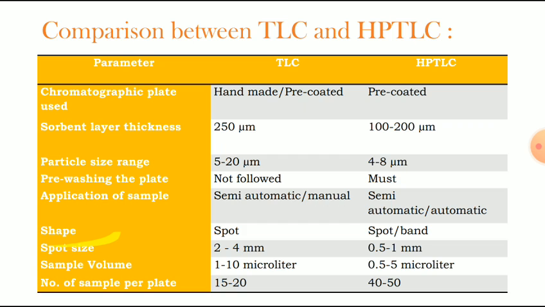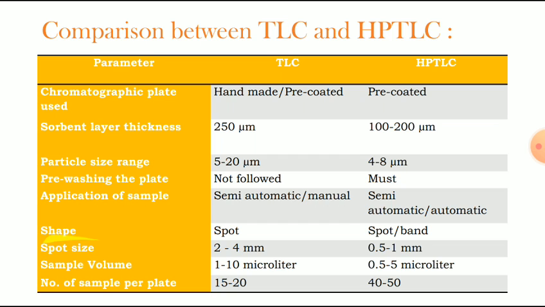Shape parameter: the shape of the sample on TLC is only a spot, not a band, only a circular spot applied on the TLC plate. But in HPTLC, according to our requirement, we can apply either a spot or a band, a circular spot or a rectangular band.